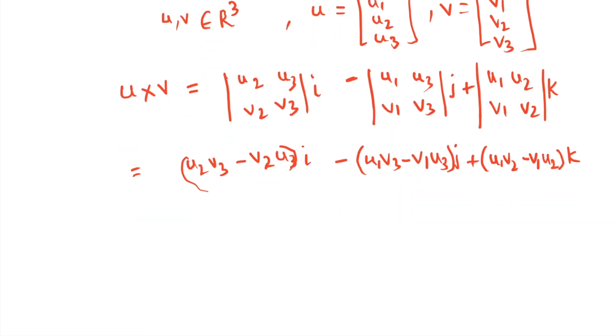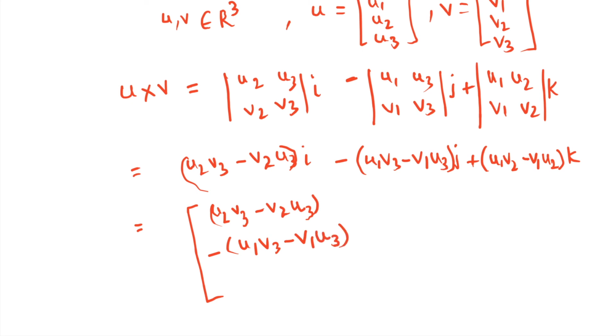And this can be further simplified like so. We can express u cross v as a vector in R3 like this: u2, v3 minus v2, u3; minus u1, v3 minus v1, u3; and u1, v2 minus v1, u2.